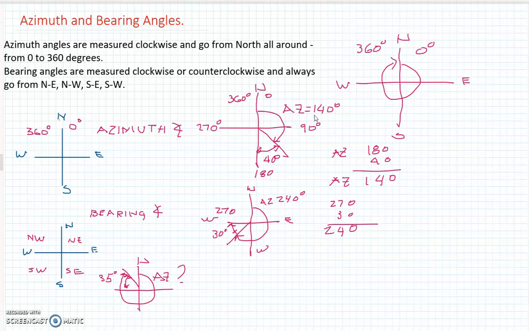So you have here 270. You just add 270 and 35. So your azimuth will be 270 plus 35, which is 305. So your azimuth here will be 305. And this is the definition for the azimuth angles, okay?